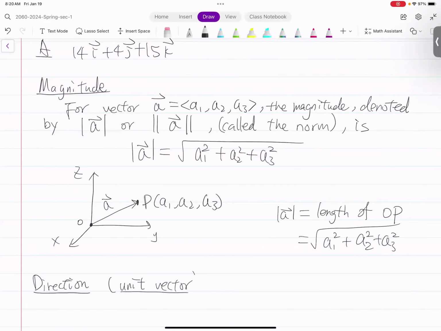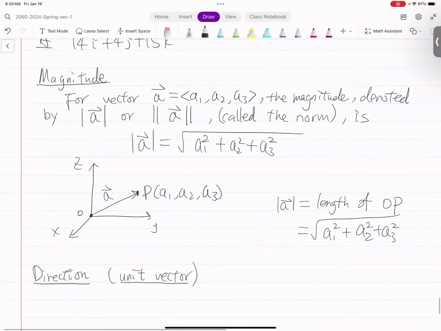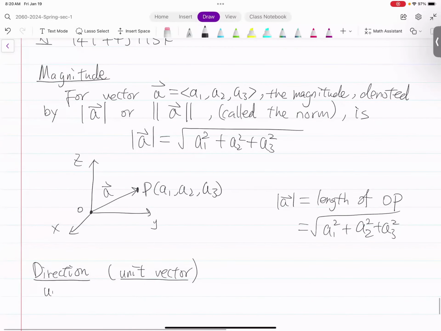Basically, that's a vector that has the magnitude of 1. Unit vectors are vectors with magnitude 1.